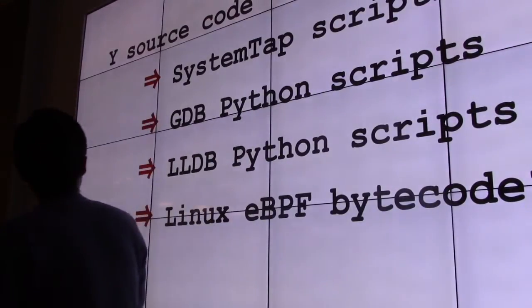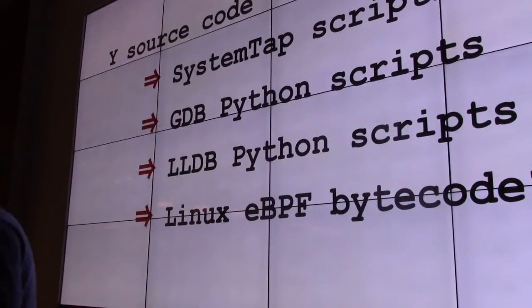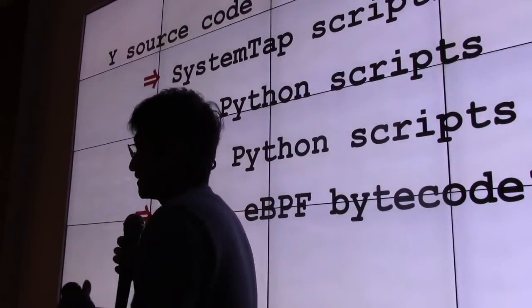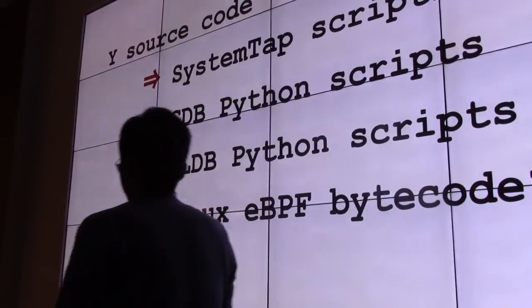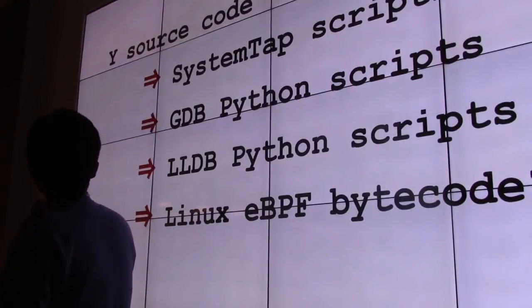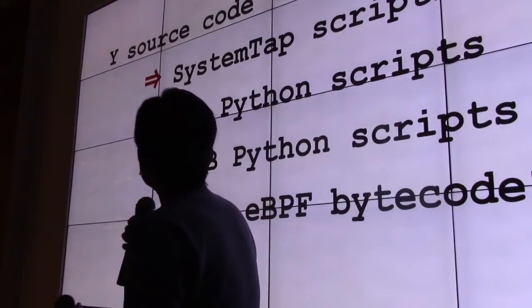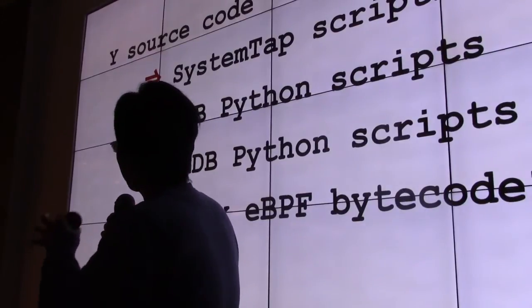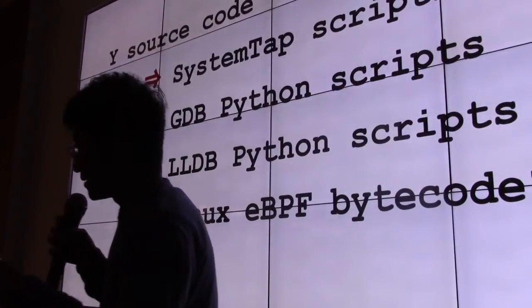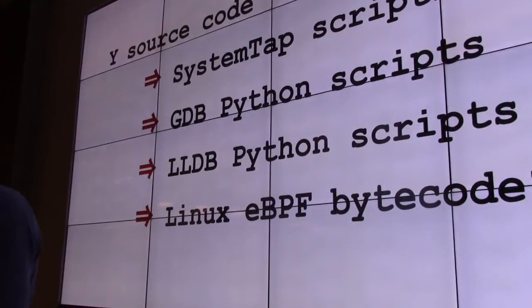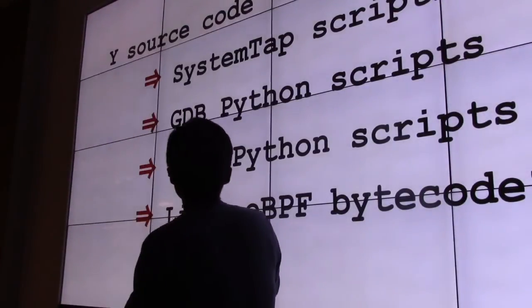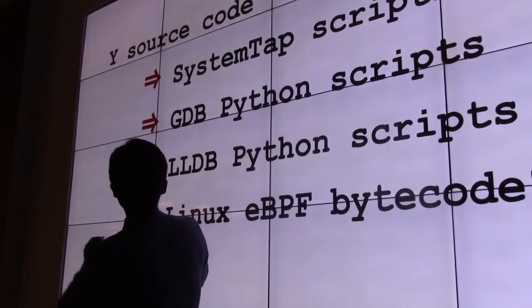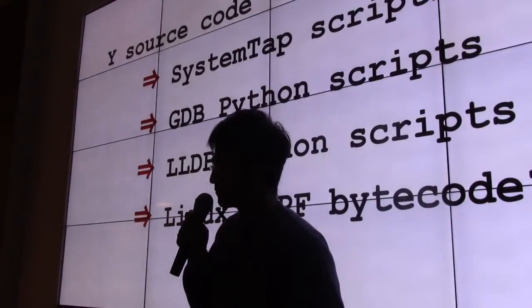Basically, the Y source language will be very similar to, for example, C, when you are tracing C applications. We use the Y language to write very complicated debugging tools, and the Y compiler will generate runnable code for various different kinds of debugging platforms.